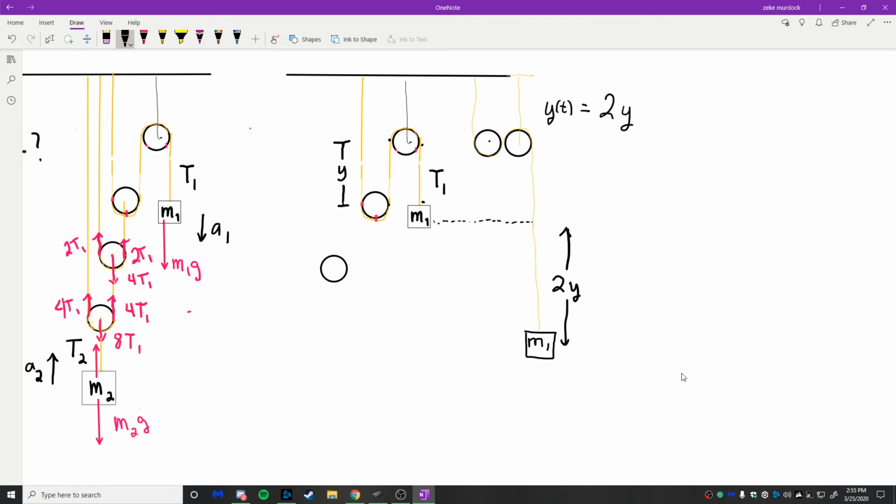And I can say, okay, well now I know that the velocity as a function of time would be equal to 2 times dy/dt, which should just be v, vy you might call it. And then you say, well, what's acceleration? Acceleration is the derivative of that. So the acceleration as a function of time is going to be equal to 2 times just what we would call a. In this case, that a happens to be a1.